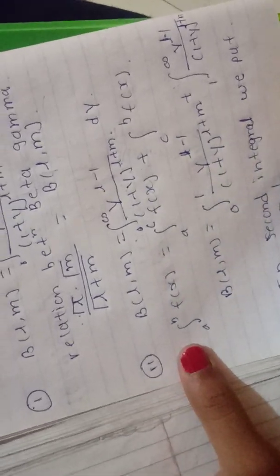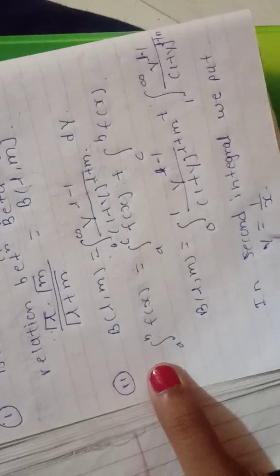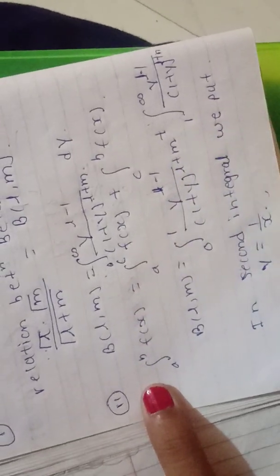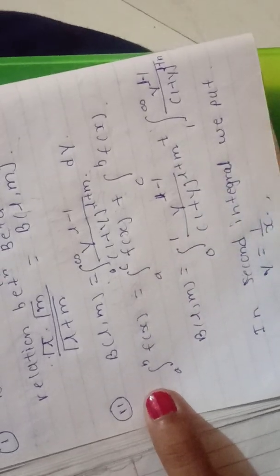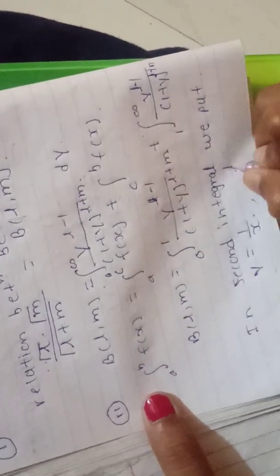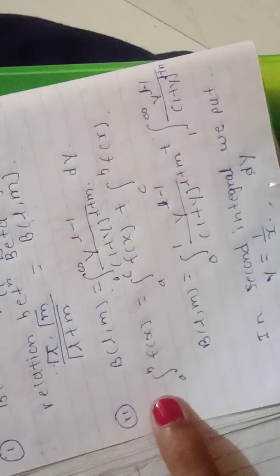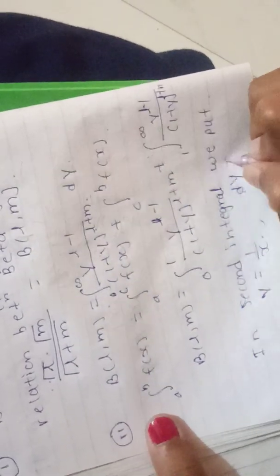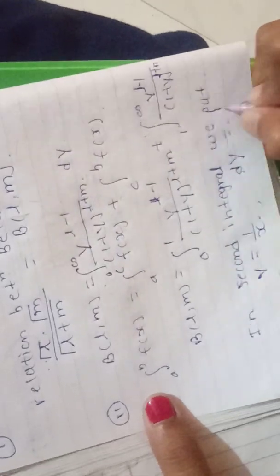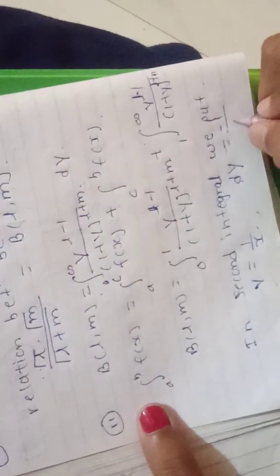Then we also know that when we put some values, we differentiate this equation. So the differentiation of this equation is dy is equal to minus 1 upon x square dx.